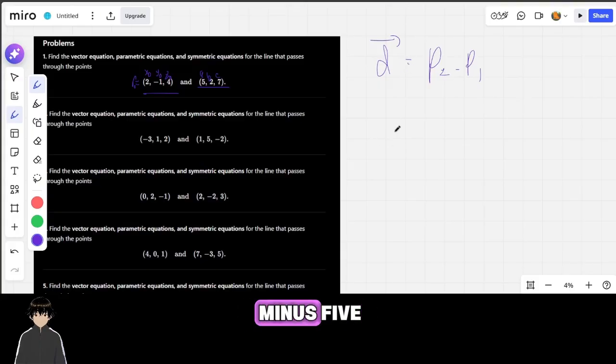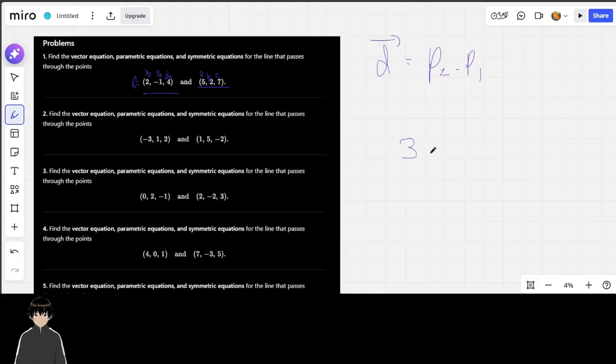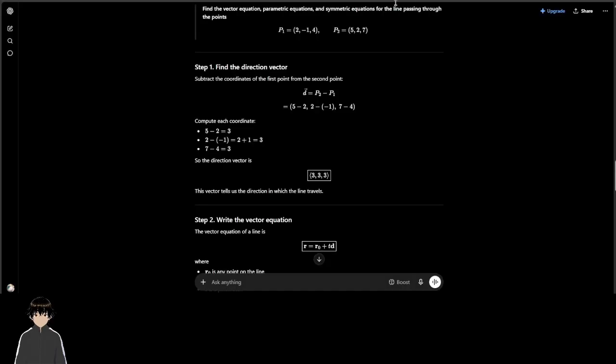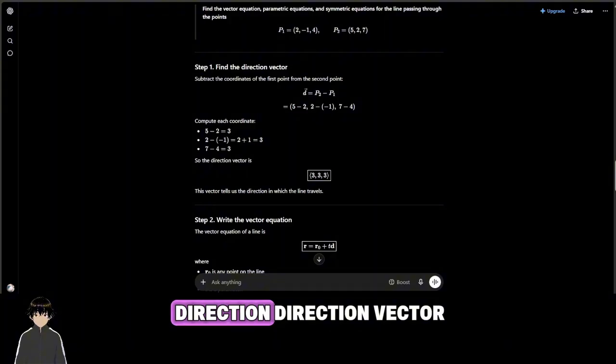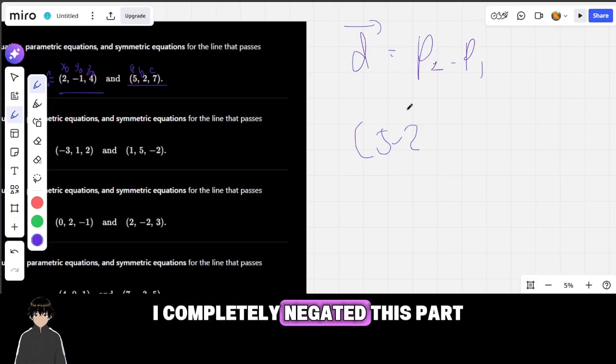2 minus 1, 2 minus 5. Oh, no. It's 5 minus 2. 5 minus 2 is 3. Okay, just the direction vector. I completely negated this part.